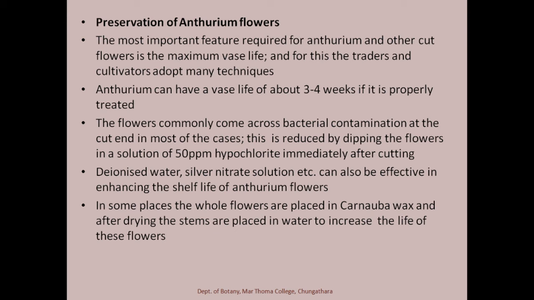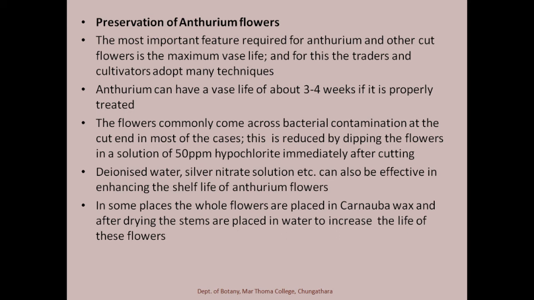In some places, the whole flowers are placed in carnauba wax, which is a natural wax, for ensuring maximum vase life. After placing the flower in the wax, the cut ends are kept in water to increase the life of these plants.